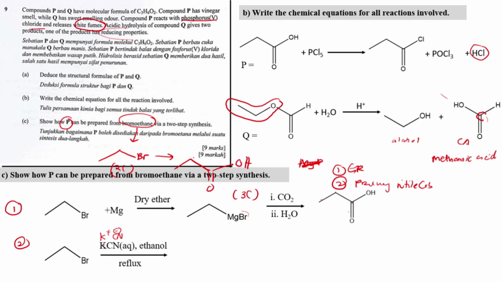Okay, so CN will take over the place of Br. You're going to become like this, and then you're going to undergo the process of hydrolysis, where the CN here will be converted into carboxylic acid. So both of these ways can be accepted, and both of these will involve a two-step synthesis. Okay.